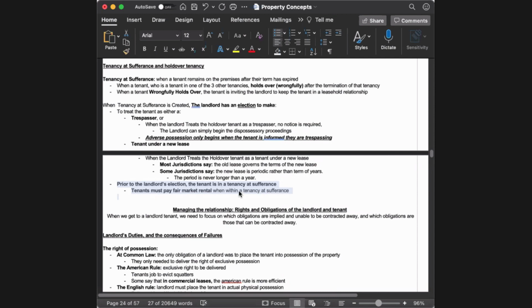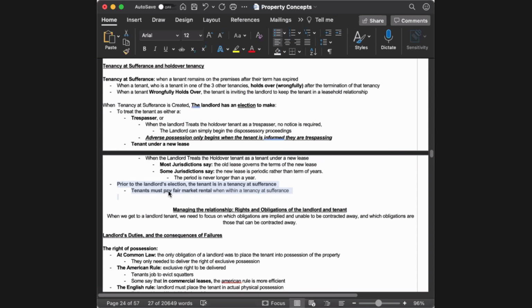There's usually a time frame that the landlord has—no, there's not usually a time frame. I think you can have a situation where the landlord doesn't make an election for a long period of time, and this market value tenancy is required.